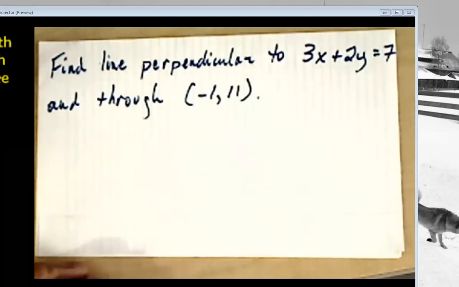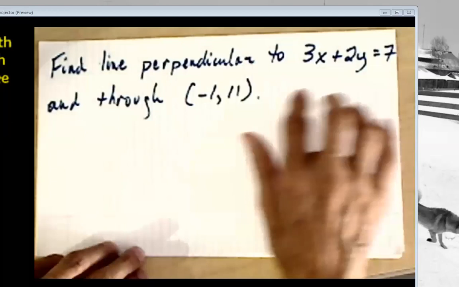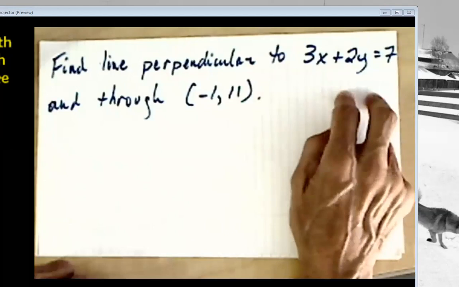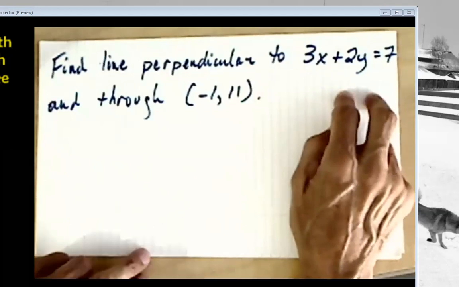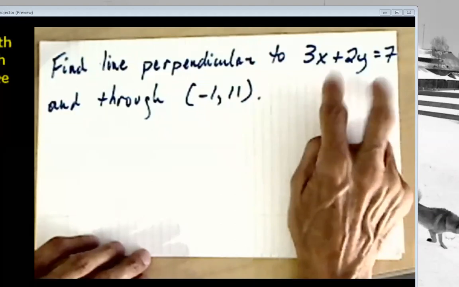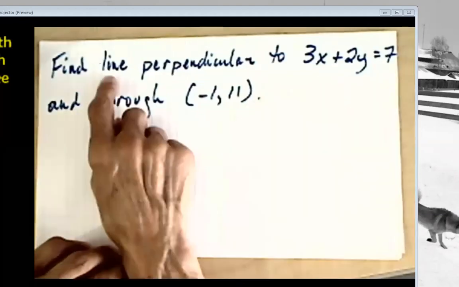So one thing to watch before you jump into the question. This thing here. They're in order, but think about what we need to get the equation of a line.